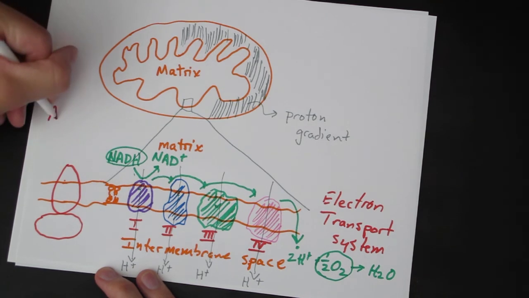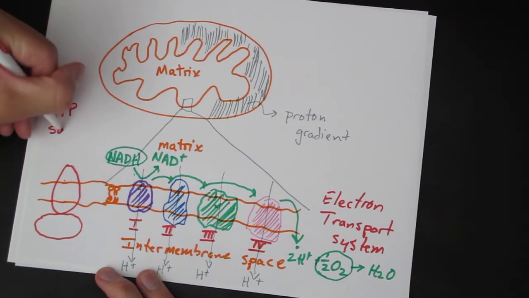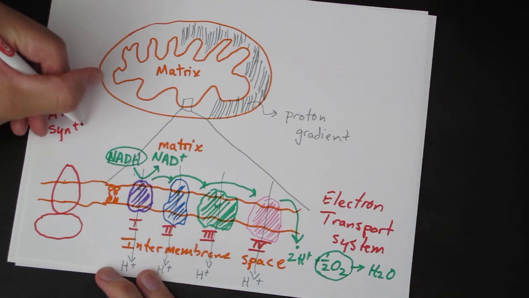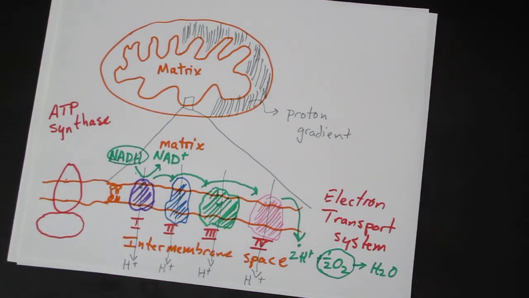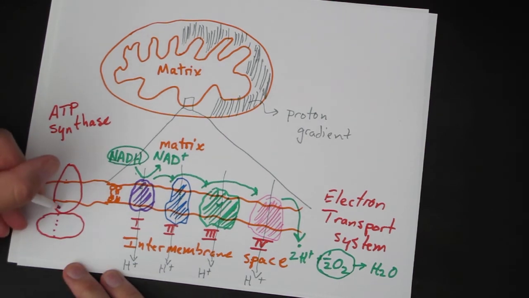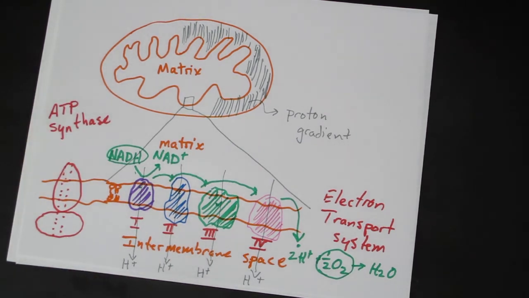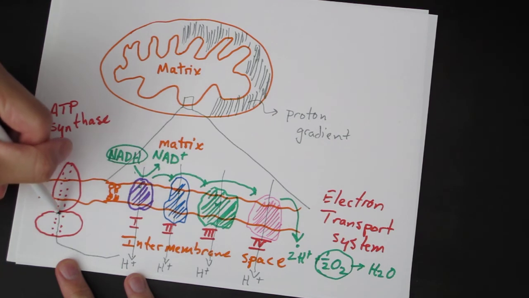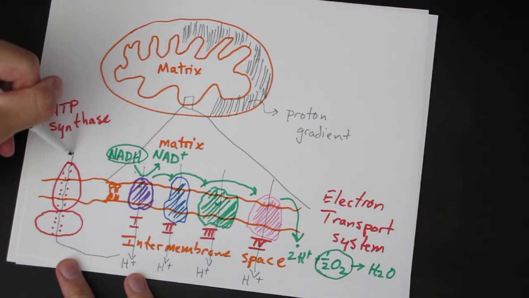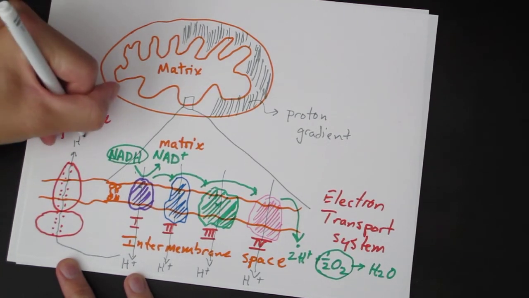This enzyme is called ATP synthase, and it has a passageway that allows for the diffusion of those protons. So these protons that are all building up here in the inner membrane space are going to start to diffuse back into the matrix via ATP synthase.